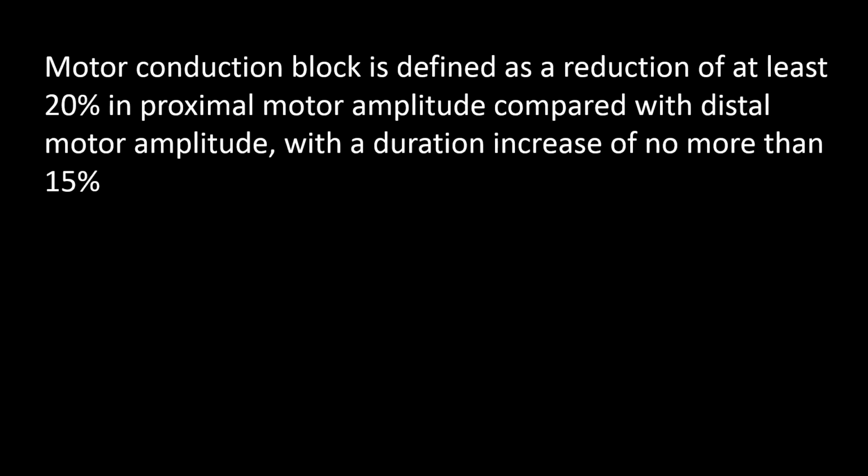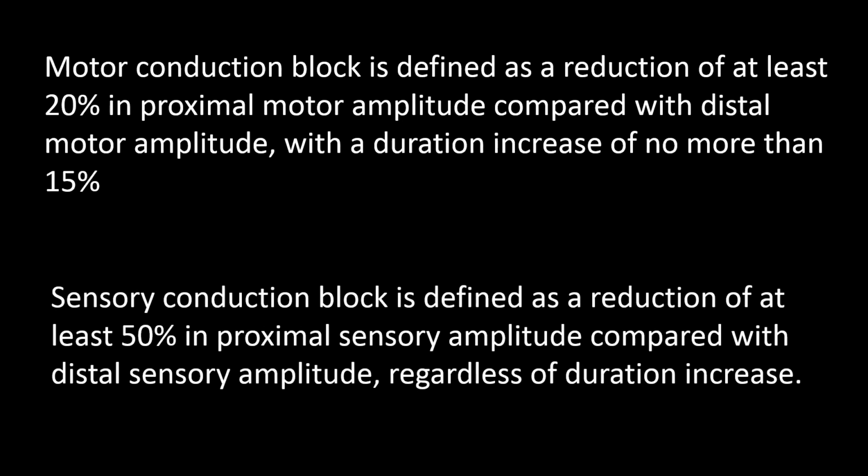Remember that motor conduction block is defined by many neurologists as a reduction in a potential of at least 20% in the proximal motor amplitude compared with the distal motor amplitude, with a duration increase of no more than 15%. Sensory conduction block, on the other hand, is defined as a reduction of at least 50% in proximal amplitude compared with distal sensory amplitude.